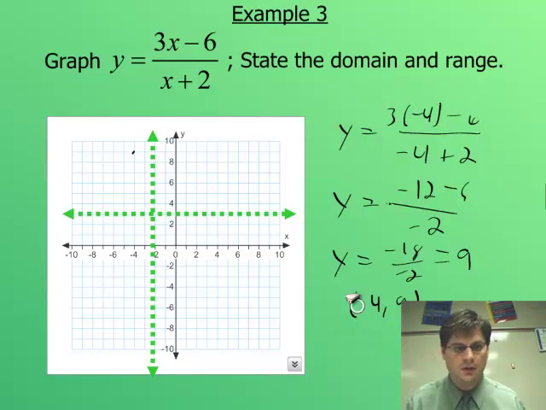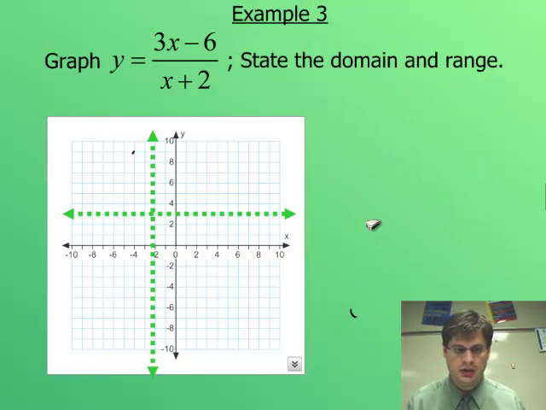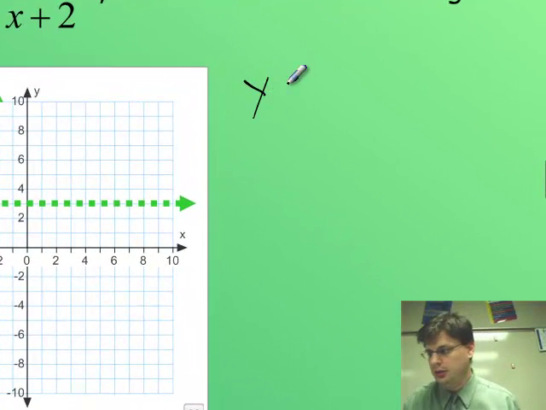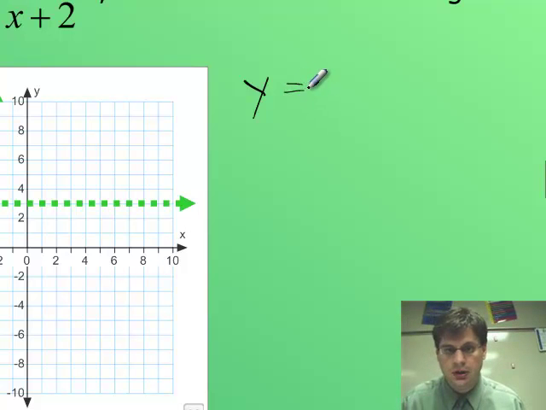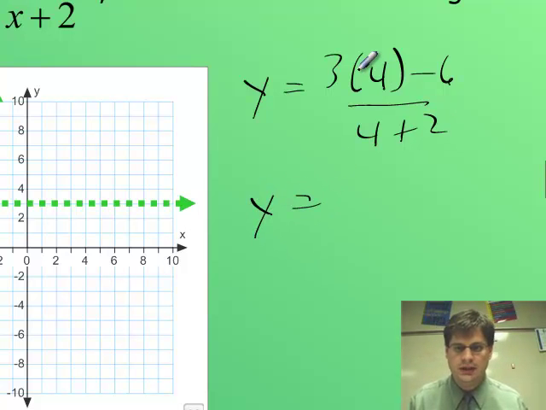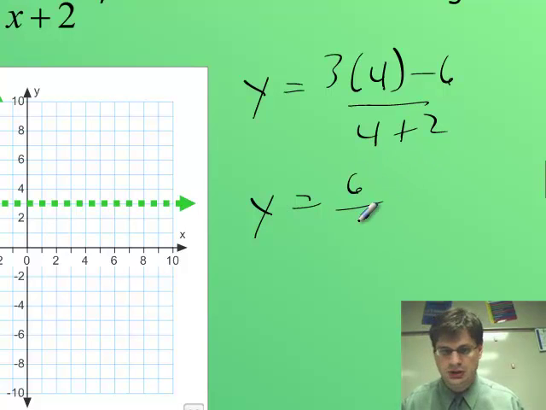So if I have a point there, I'd expect the other branch to be on the opposite, bottom right quadrant. So I could substitute in, let's say positive 4. So 3 times 4 minus 6 over 4 plus 2, and so that's going to be 12 minus 6, which is 6, and then 4 plus 2, which is 6.